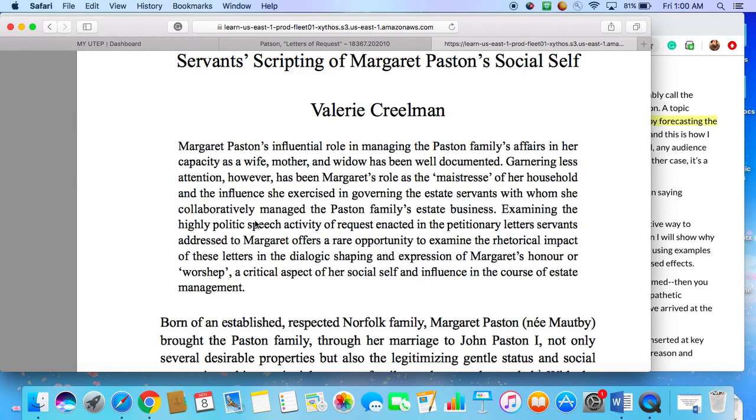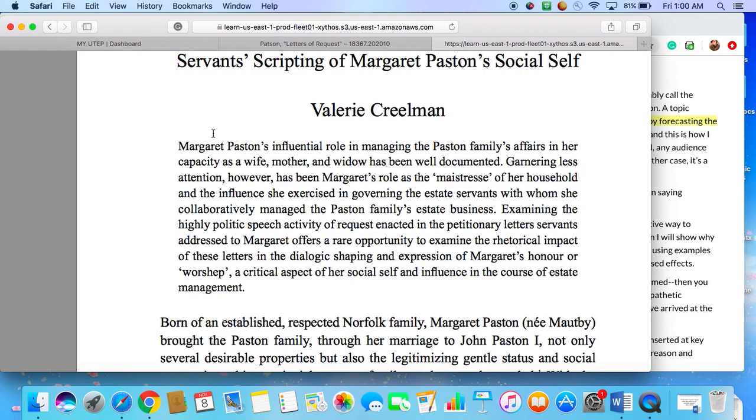Examining the highly political speech activity of request enacted in the petitionary letters servants addressed to Margaret offers a rare opportunity to examine the rhetorical impact of these letters in the dialogue, shaping an expression of Margaret's honor or worship, a critical aspect of her social self, and influence in the course of estate management.